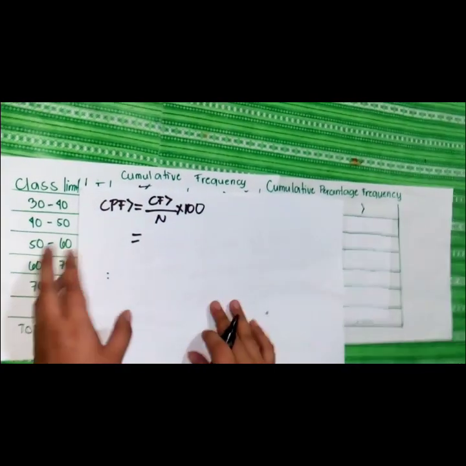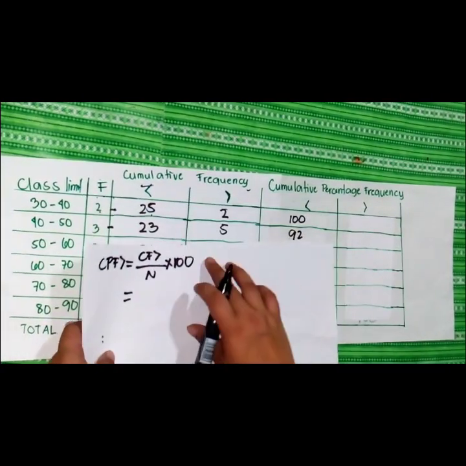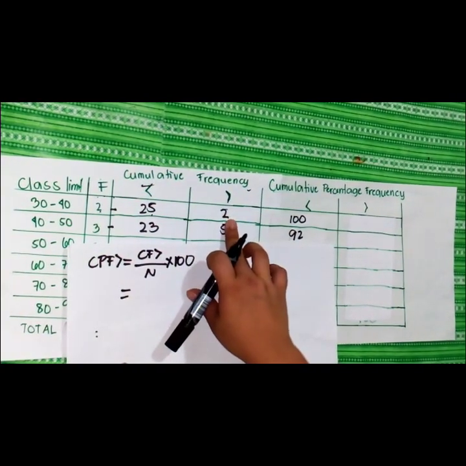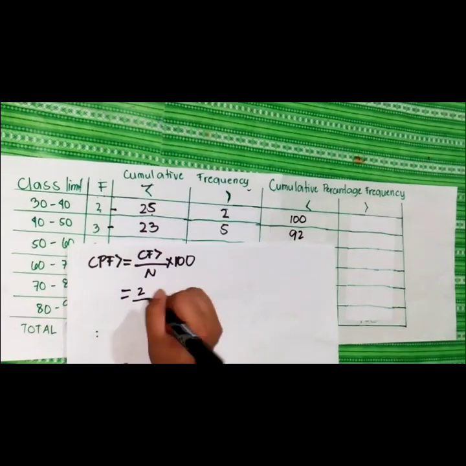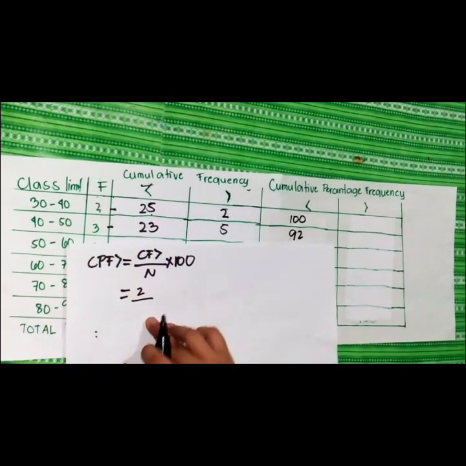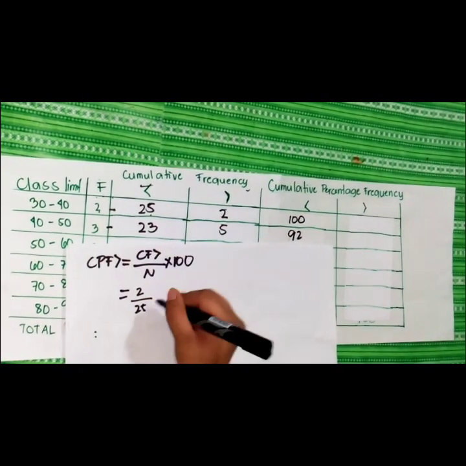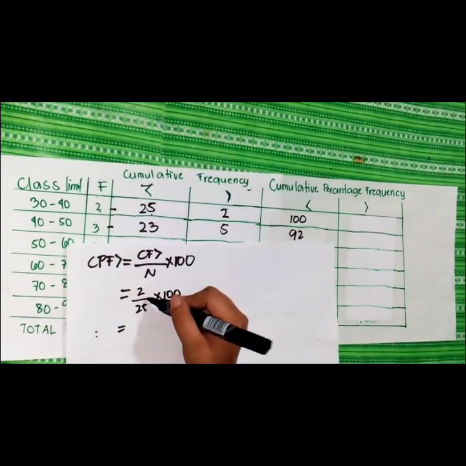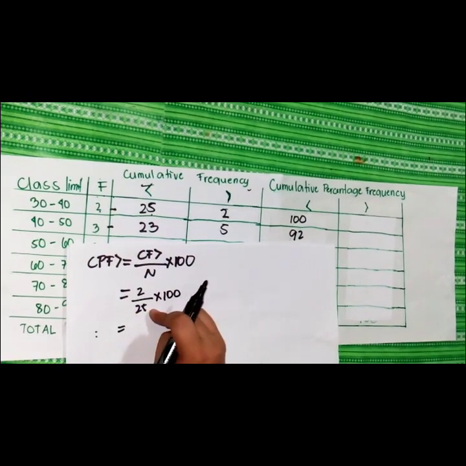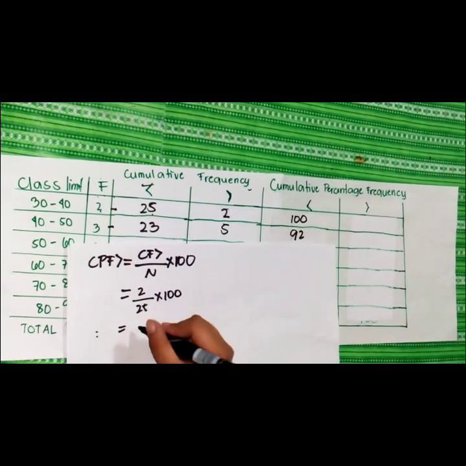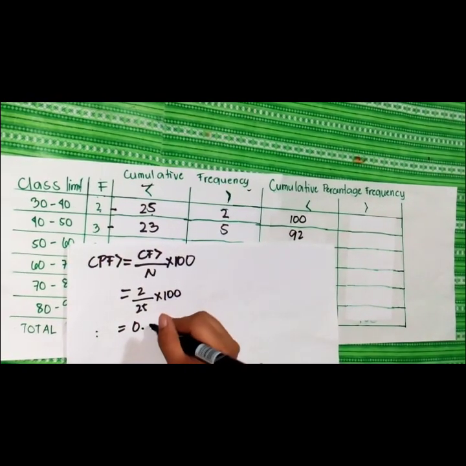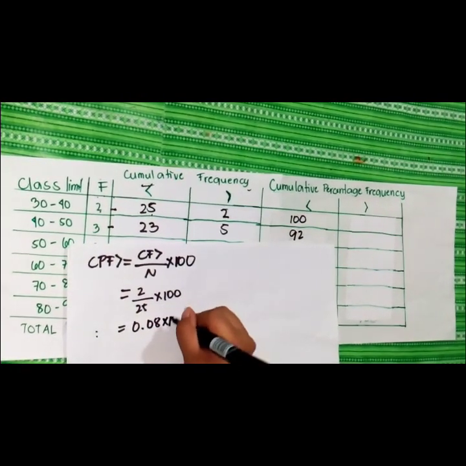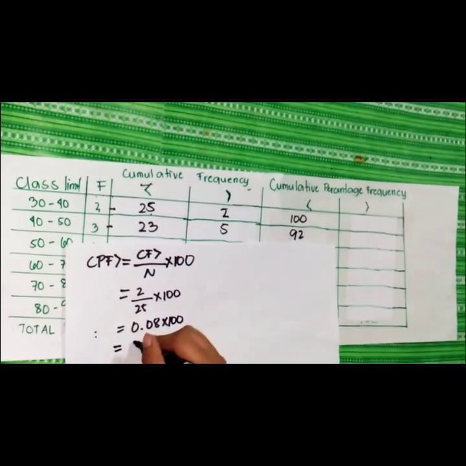So in our first row of cumulative frequency greater than, we have a number of 2. So we will write 2 here. So our number of cases, we have 25. So 2 divided by the number of cases 25 is equals to 0.08. 0.08 times 100 is equals to 8.